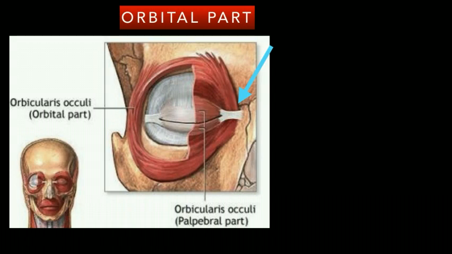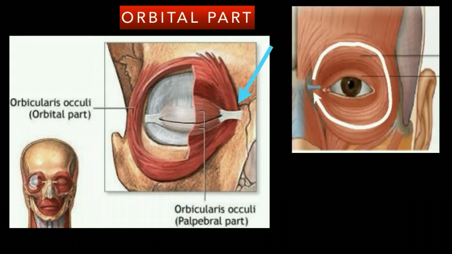Now, the fibers encircle the orbit completely, extending into the soft tissues of the adjacent region and ending into the medial palpebral ligament, that is the site of origin.